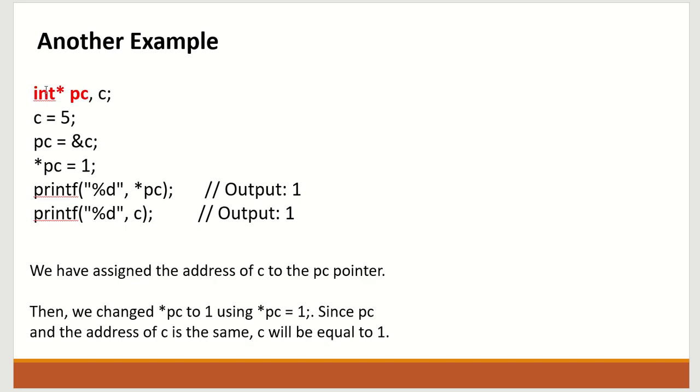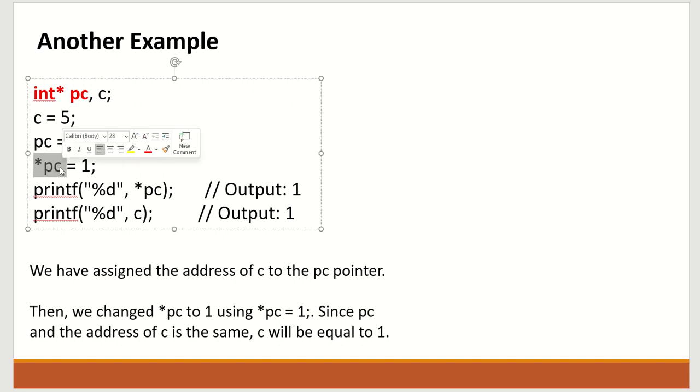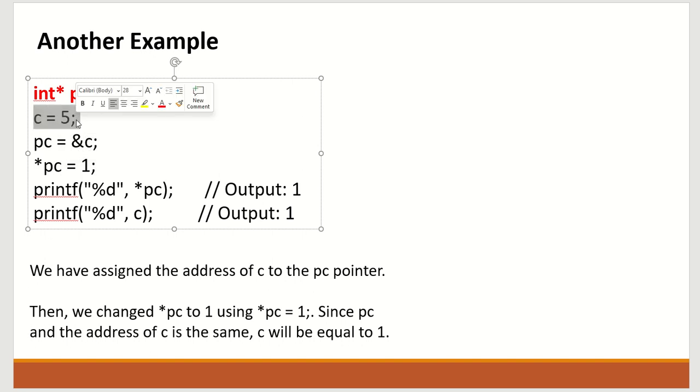Another example: int *pc, c, and then c equal to 5. pc is pointing to the address of c. So if pc is pointing to the address of c, any modification with *pc equal to 1 indicates that c is not 5 now. c is now equal to what? 1. Why 1?